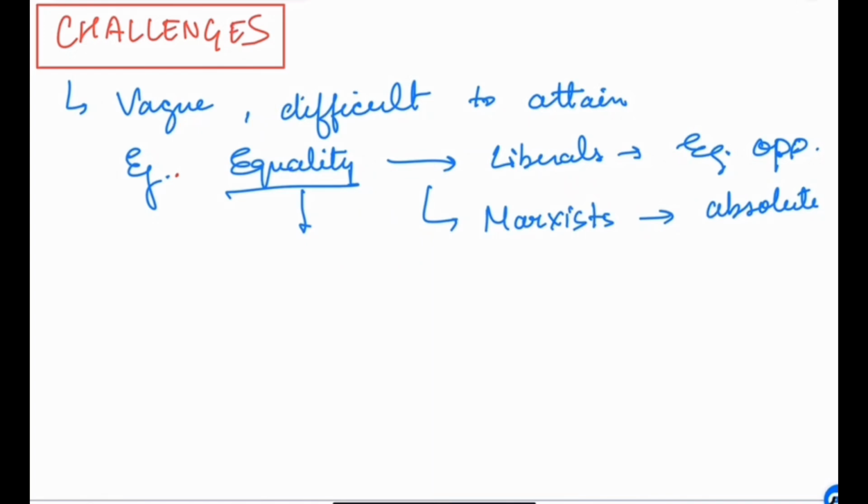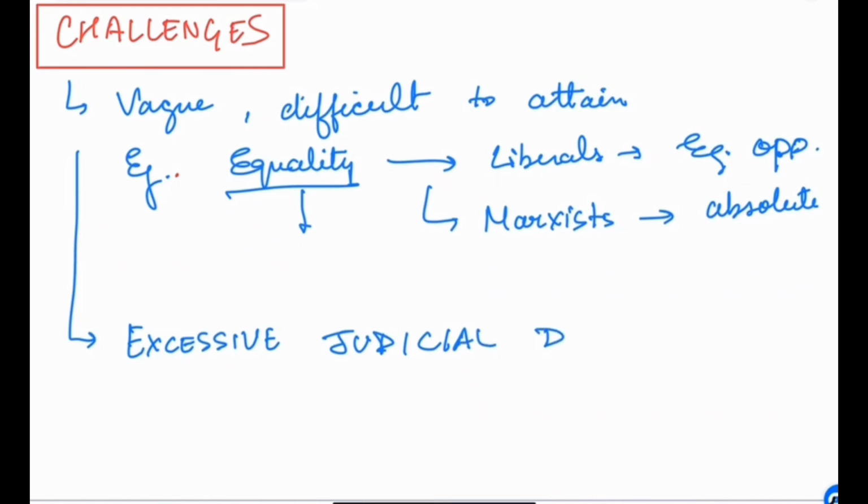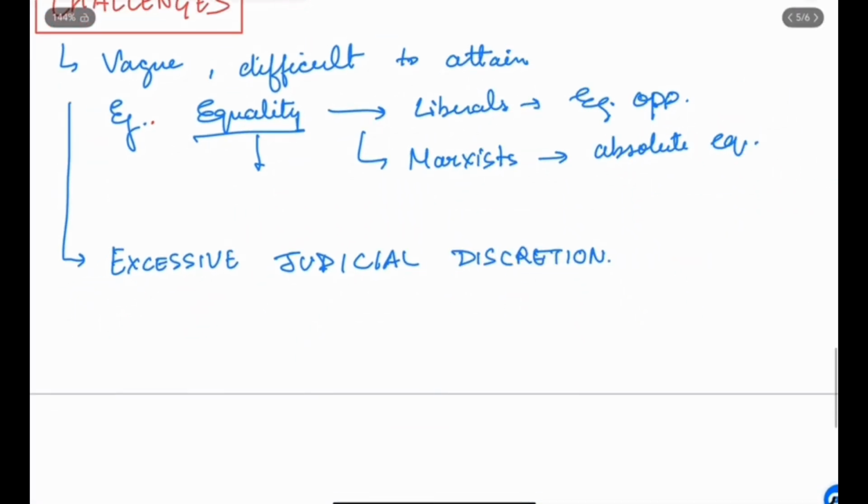The other thing with constitutional morality is, for example, we saw that Supreme Court judgments are now being based on constitutional morality. What is it leading to? Excessive judicial discretion. Excessive judicial discretion is bad because judges are not elected representatives of the people.